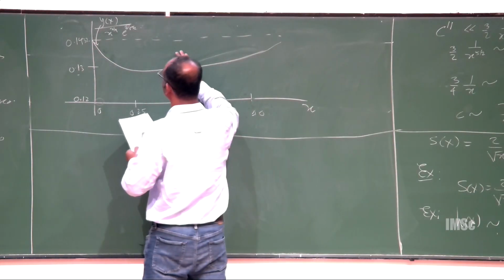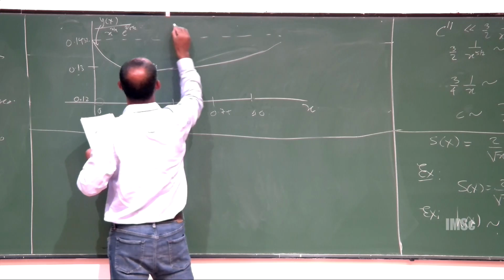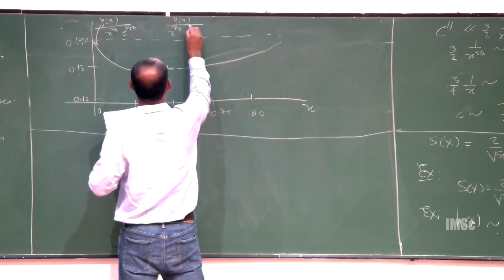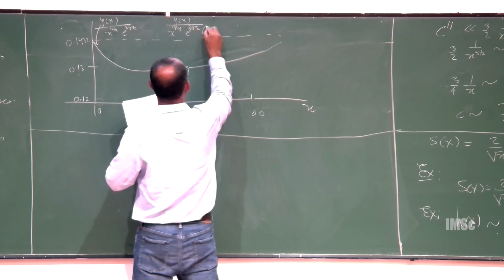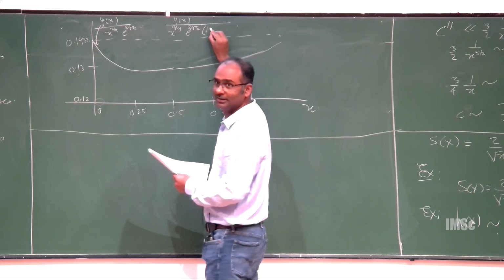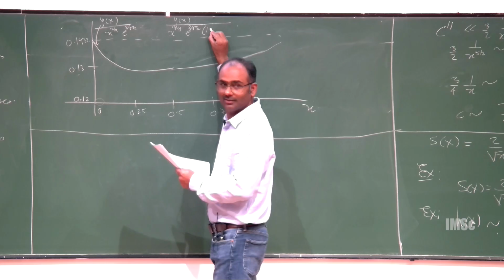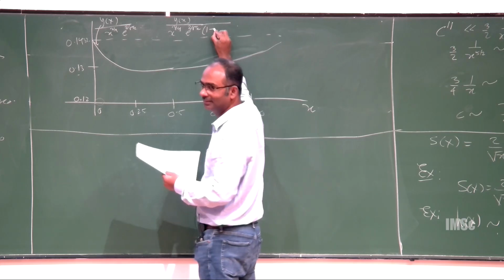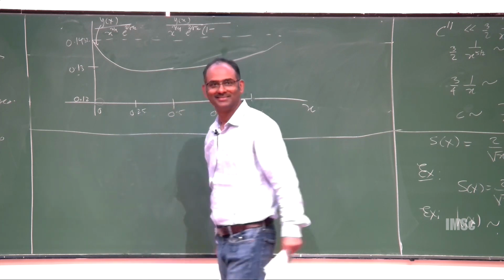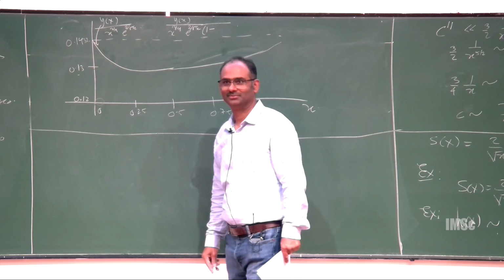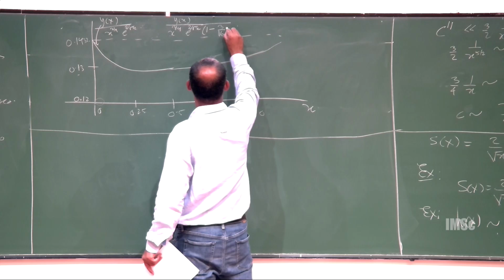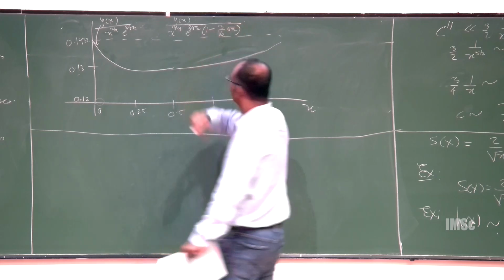so I want to give you another curve on the same plot. So it is y of x divided by x to the 3 over 4 e to the 2 over square root of x. Can anyone help me? Students? Minus, okay, thank you.